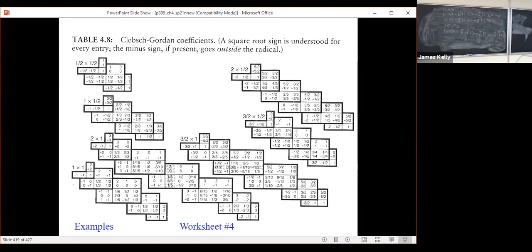All right, so try problem 4 using the Clebsch-Gordon coefficients. I'll leave the table up here in case you don't have access to one, even though it's a little bit blurry. The one I handed out on paper in class is a little bit clearer.